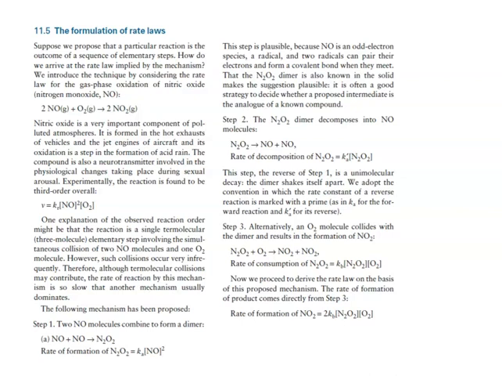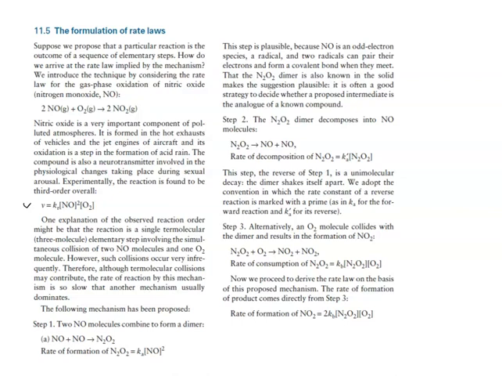Experimentally, the reaction is found to be third order overall, described here, where the rate of reaction equals the rate constant k times the concentration of nitrogen monoxide squared times the concentration of oxygen.